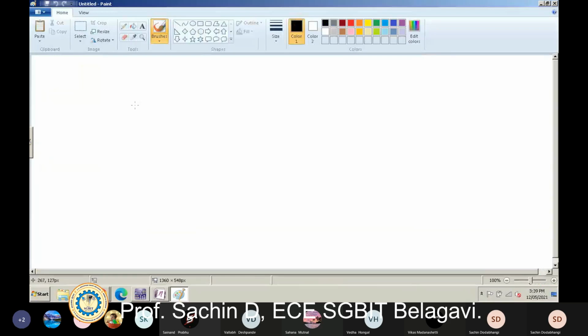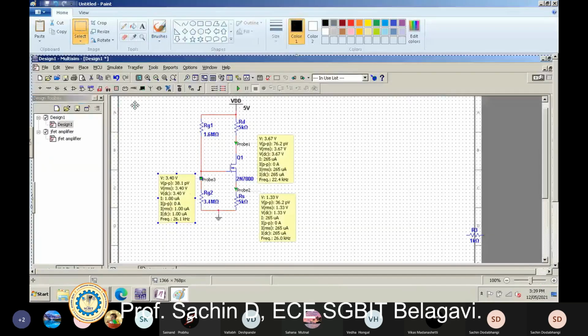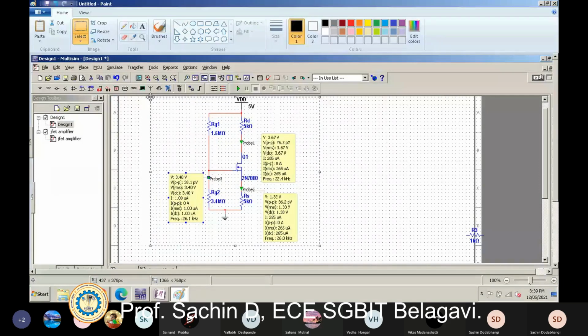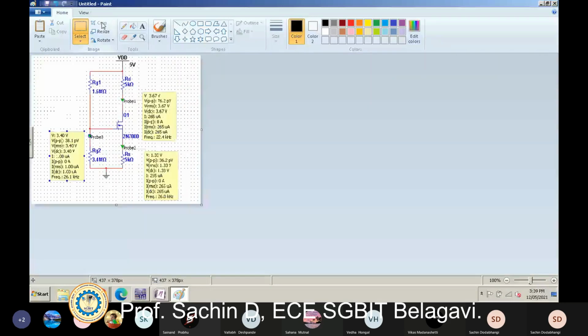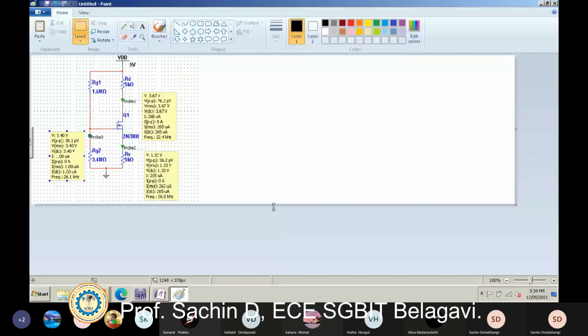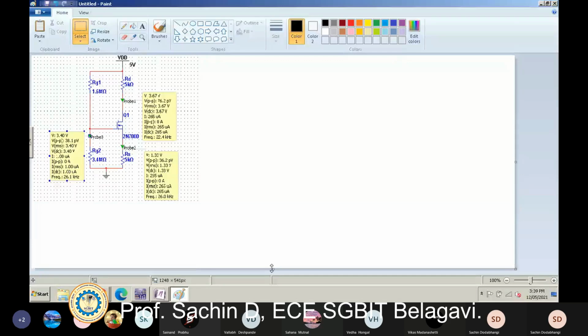In Paint, I will press Ctrl+V. So I'm going to crop it. I can crop it. Okay, I cropped it. Can you see it clearly now?